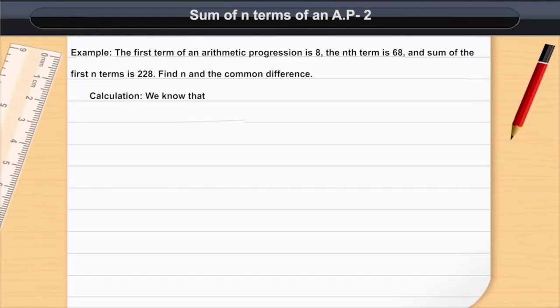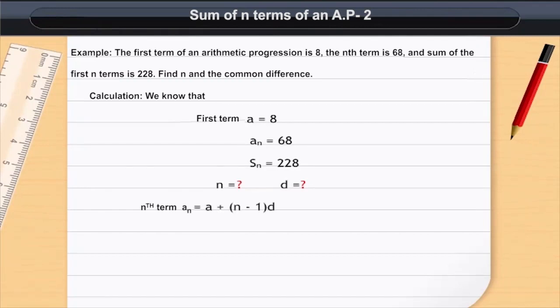Calculation. We know that the first term a is equal to 8, the nth term an is equal to 68, Sn is equal to 228, n is equal to what, and d is equal to what?